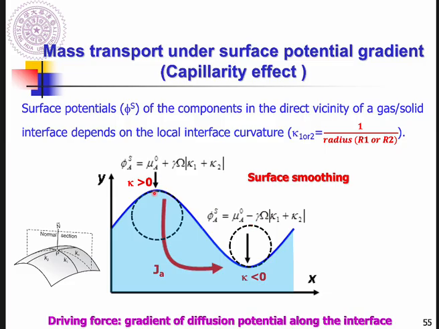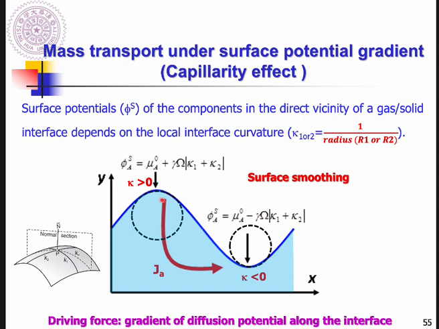So at the convex region, the chemical potential of atom A is larger than that on the flat surface, because you add an extra positive term. But if the atom is at the concave region, we subtract a positive term, which means its surface potential will be smaller than on the flat surface.